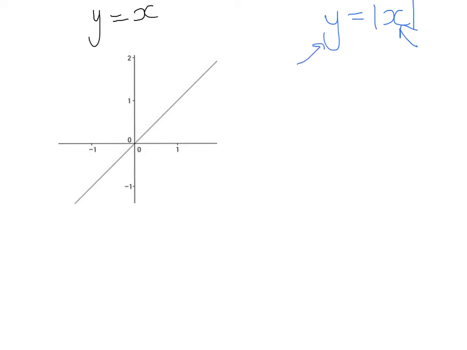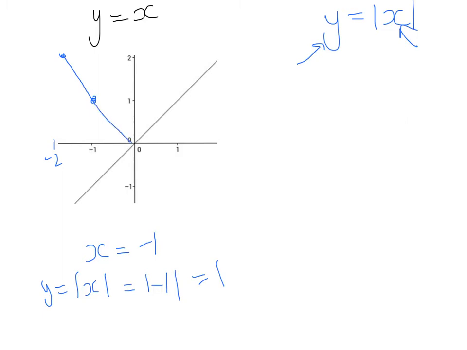So if we have x equal to negative 1, the modulus of x would be the modulus of negative 1, and the modulus of negative 1 is 1. Okay, so when x is negative 1, y is 1, which is here. Likewise, when x is negative 2, y will be 2. We end up with a graph that looks like this.